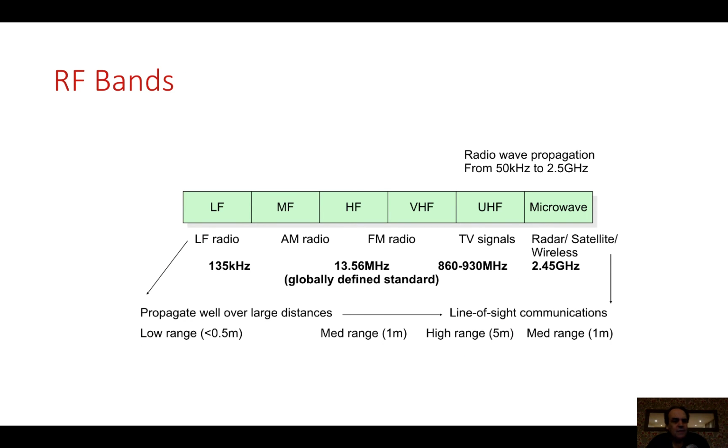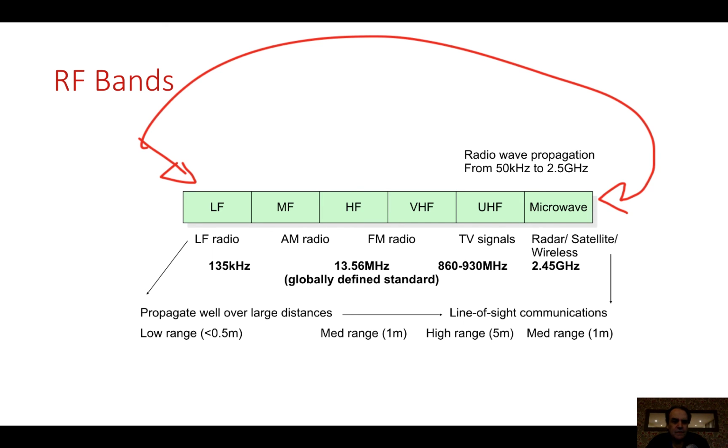In terms of the RF bands, we go from low frequency right up to microwaves. So here we have low frequencies and extremely long wavelengths, up to here where we have high frequencies and fairly short wavelengths.